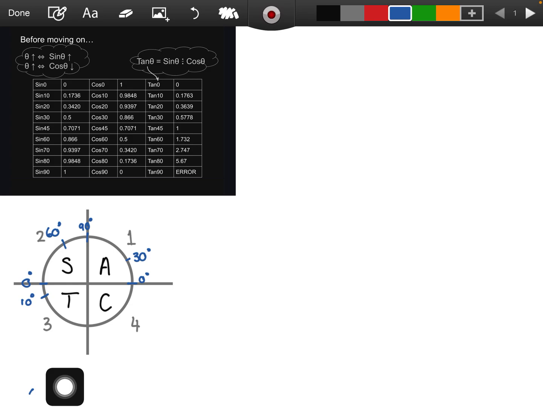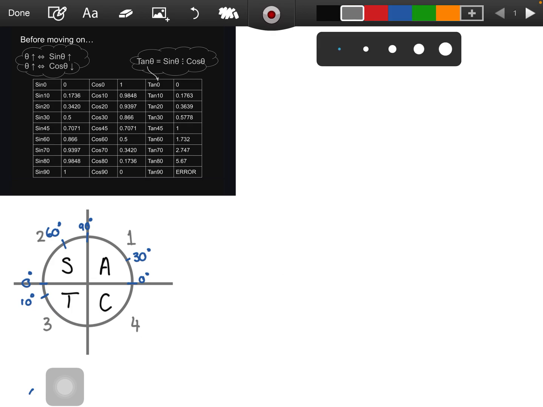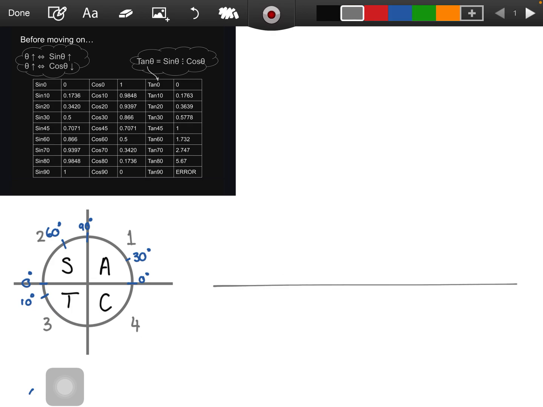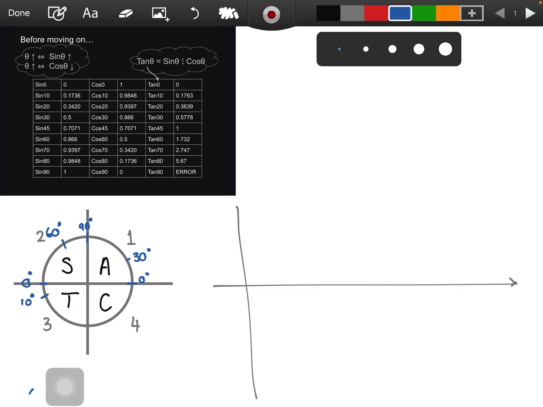If we wanted, we could show all of this in one graph, and this is actually something that we are asked to do sometimes. So if I have a graph like this, I want to show my angles on the x-axis. When we graph this, we're actually going to show our angles with radians, not degrees.